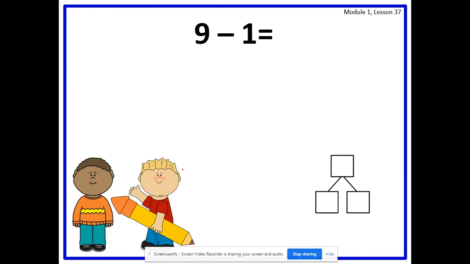Step 3, count and write what's left. After you have crossed off, go ahead and count what's left and write it in your number bond and as your answer. And step 4, go ahead and write your related subtraction sentence.